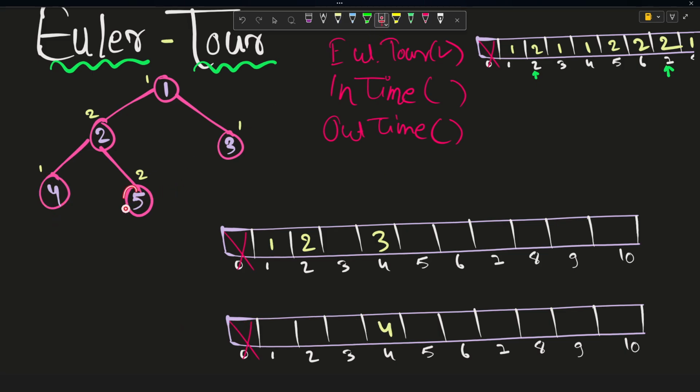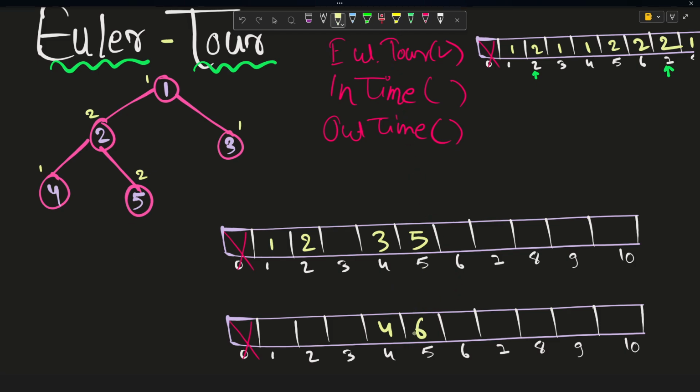And now I will be present at this node. So since I am entering this node for the first time, I will write here in this in time array that its value will be equal to 5, because every time the timer will increase by 1. And now since I have to leave this fifth node, in this out time array at this index I will again write the value of the increased timer.